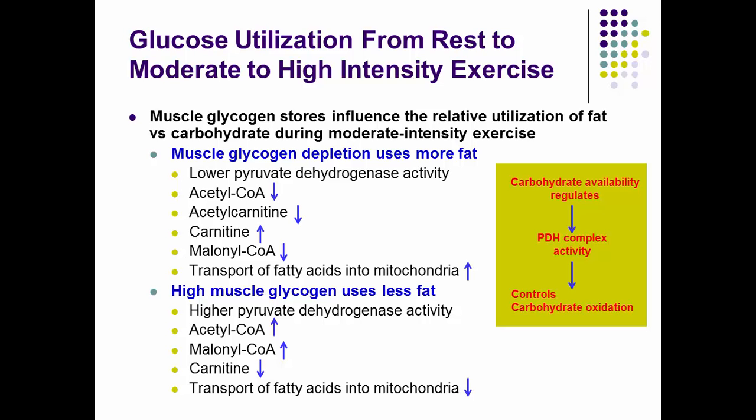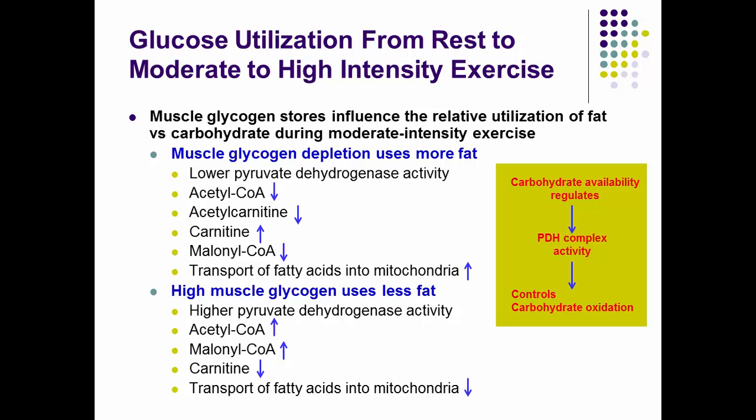As I mentioned earlier, the muscle glycogen store is very important for energy and fuel utilization, particularly during the later stage from moderate to high intensity exercise. And the muscle glycogen store significantly affects the efficiency of exercise, right? It also affects the fat utilization.